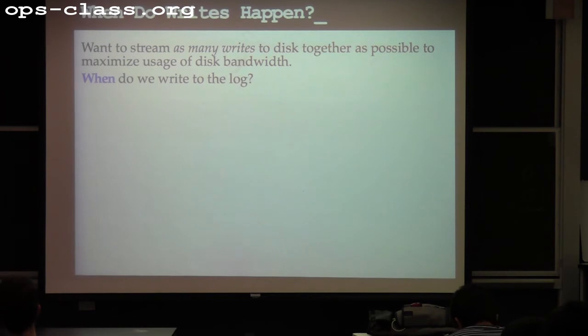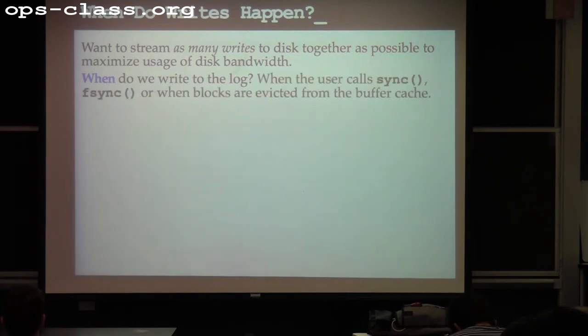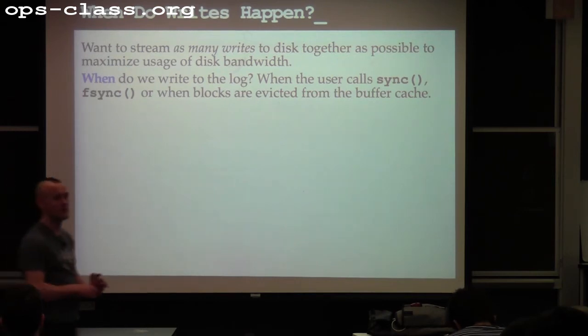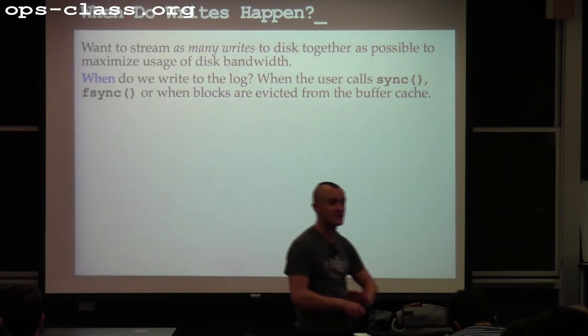So the first thing is, in order to optimize the performance of the disk, and this is true in general whenever I write to a disk, particularly when I'm doing contiguous writes, I want to lump as many writes together as possible, right? So I want to build up writes somewhere and then stream them out to disk. I think at a certain point, there were versions of LFS that only wrote to the disk when the buffers were evicted from the buffer cache, right?